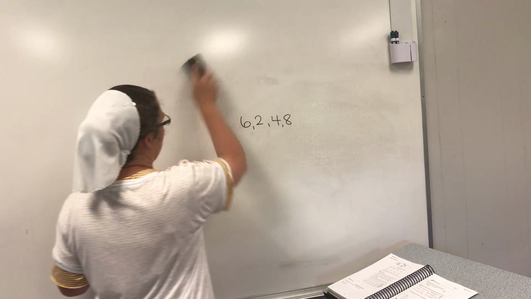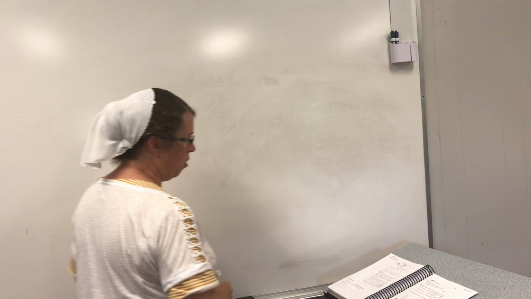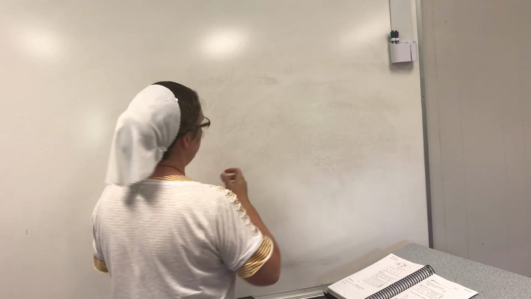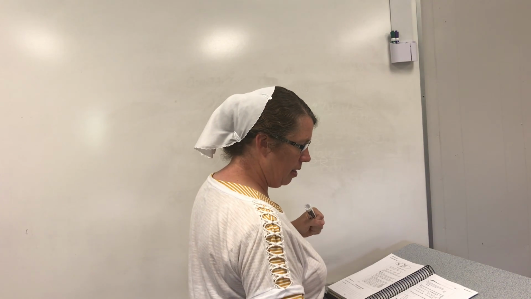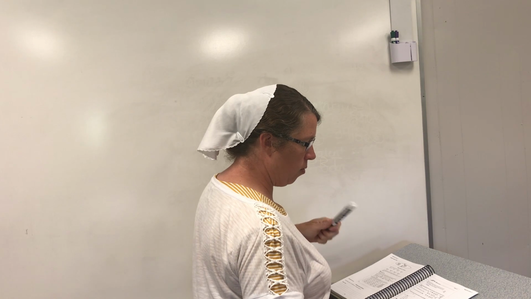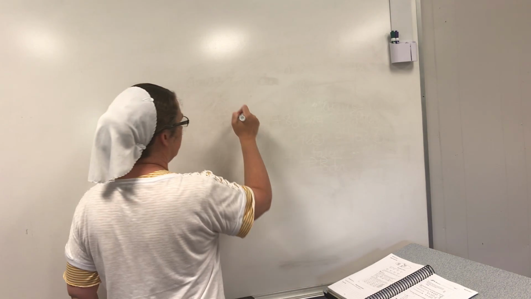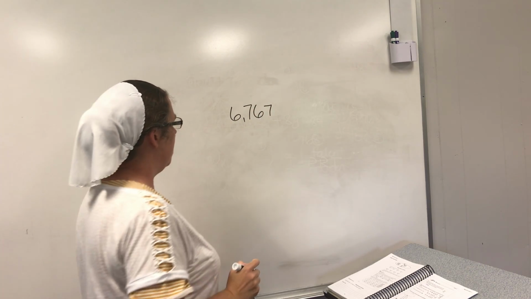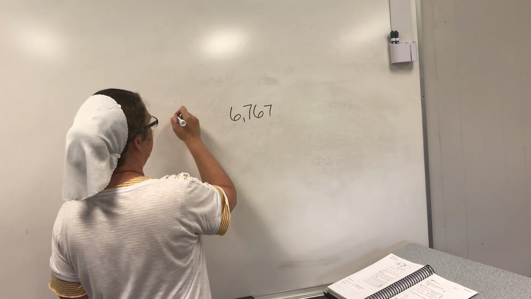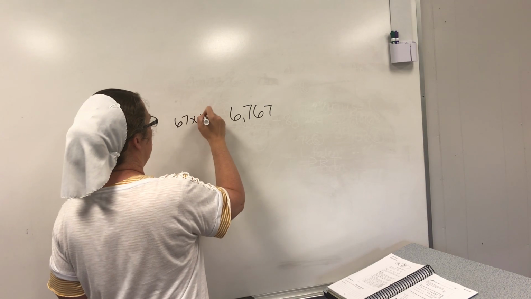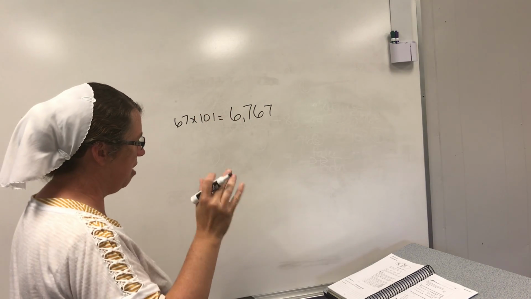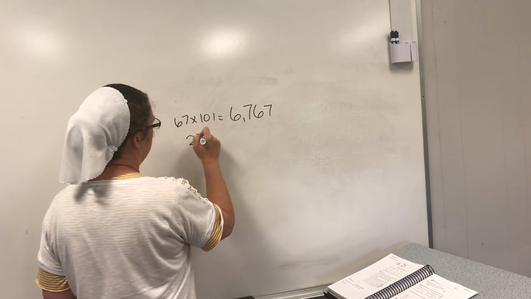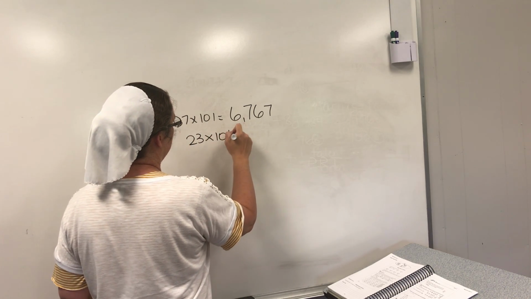All right, let's look at another pattern. It says multiply 67 by 101. So if we go 67 times 101, we come up with, guess the result. This is so cool. If we multiplied 67 times 101 equals 6767. So multiply 23 by 101. What do you think we're going to get?